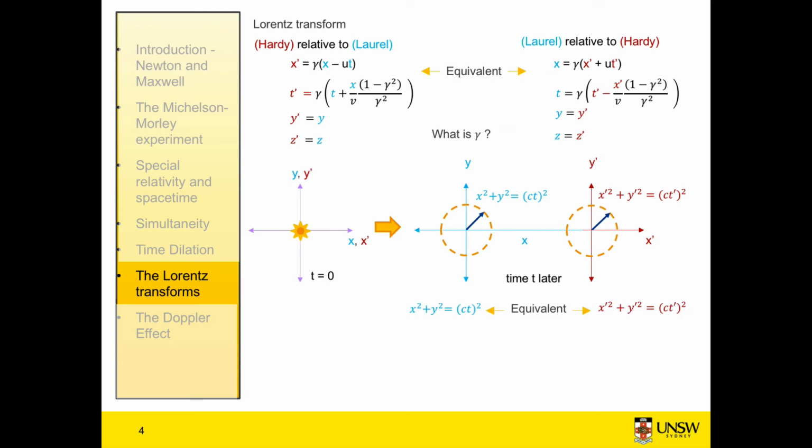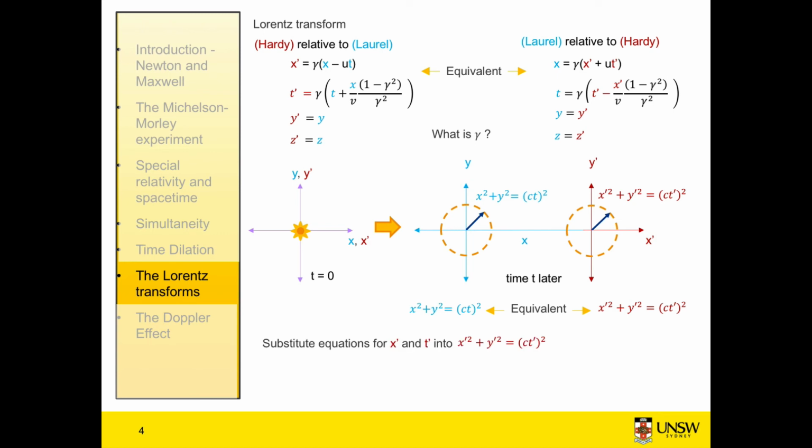And once again, because one of the postulates of relativity is that the laws of physics must be the same in all inertial reference frames, we know that these two equations are equivalent. And we can use this equivalence to find an expression for gamma.